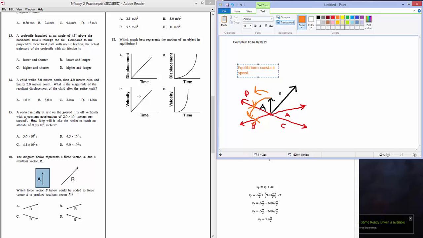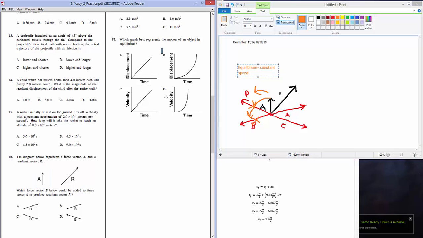Now, if I look at the choices given here, let's go to the bottom. On this one, velocity is changing, so right off the bat that's not going to be it. This one, same idea, velocity changing. Not going to work. This one has your displacement in time, but this rate is a constant increase of position.